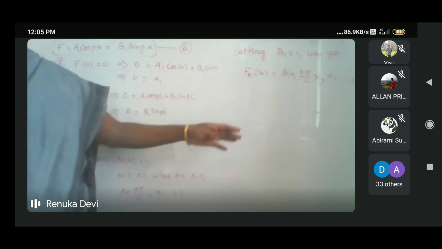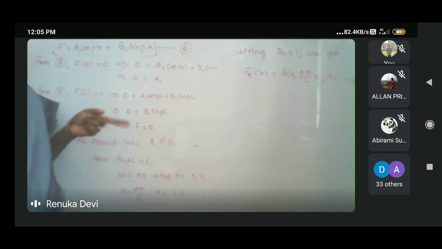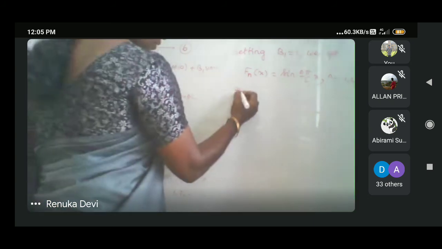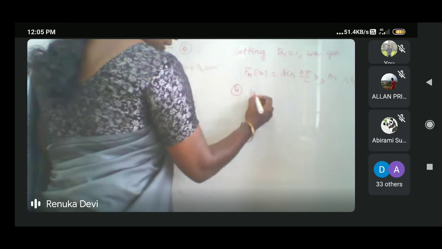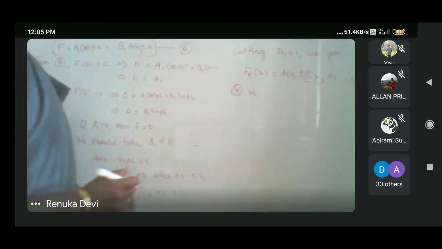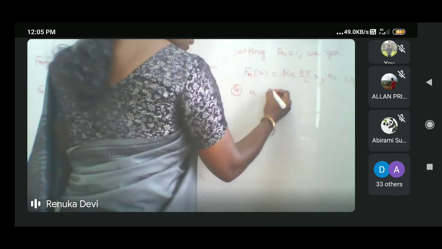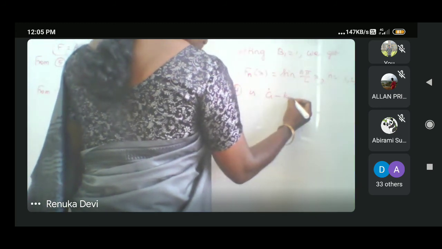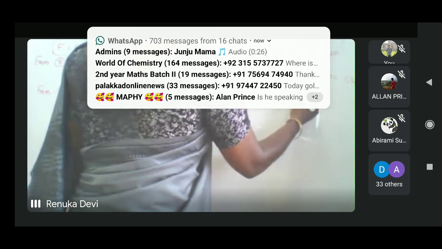Therefore, we have found what is our f. Now, similarly, you have to find the solution for equation 4. So what is our equation 4? It is g double dot minus k c squared g equal to 0.